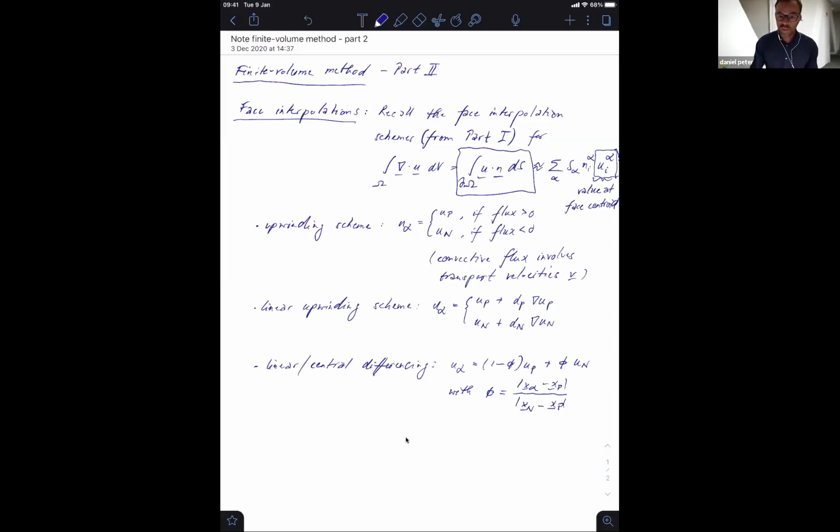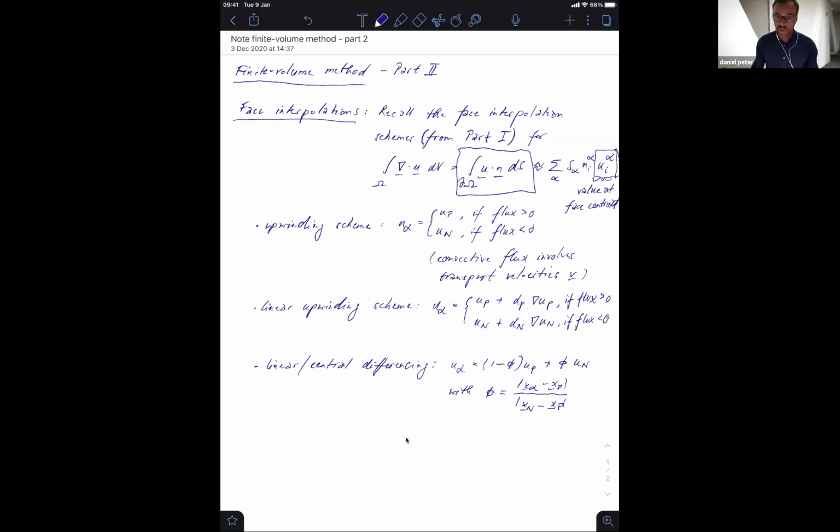Same for this linear upwinding scheme, where we would also decide from which side we would take it. So here again, depending on the flux, if it's positive, we take it from our reference cell, and then basically include the information from the gradient of the field. We not just take the centroid value at the centroid P, but we add a linear interpolation, given we know what the gradient is in that cell. And if the flux is negative, we take it from the neighbor.